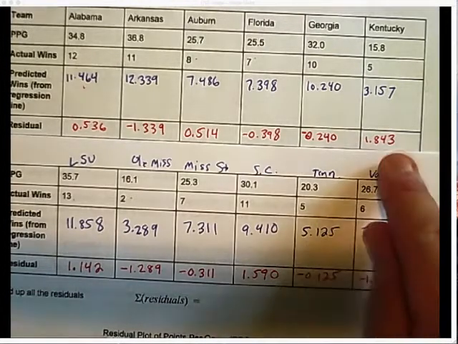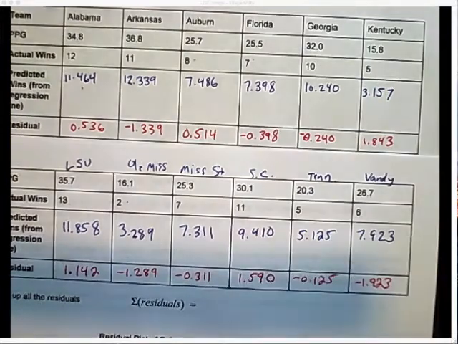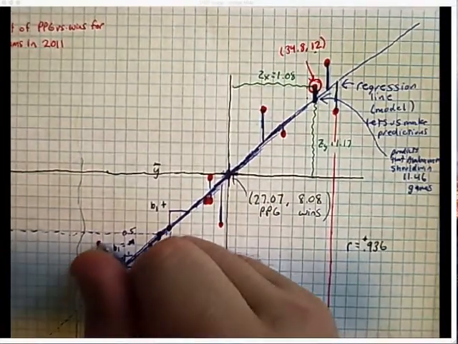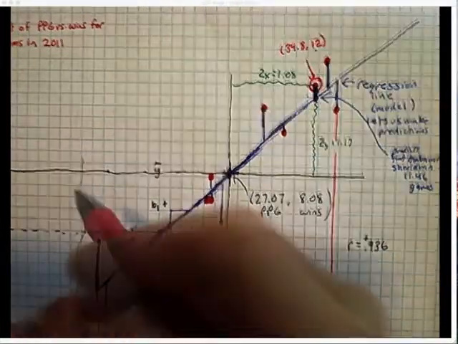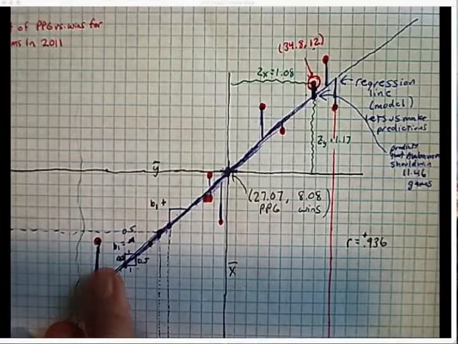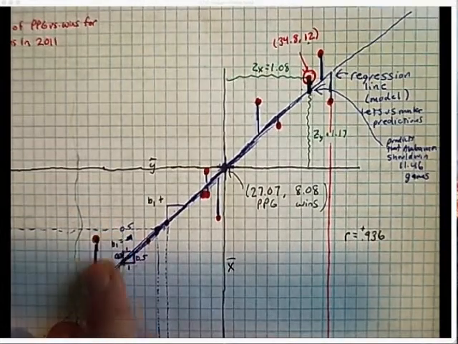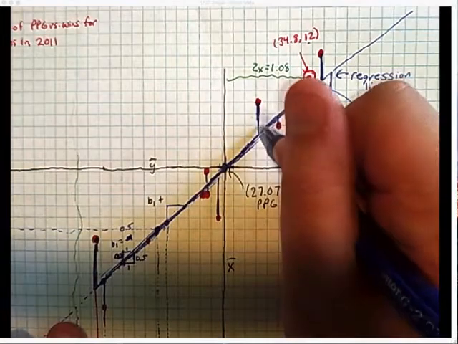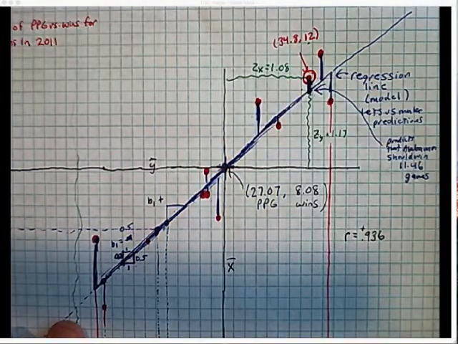Oh, sorry. Kentucky has 1.843. So looking back at this graph, here was the point for Kentucky right there. Do you see how big that line segment is? That distance is 1.843. South Carolina had about 1.5. Those were the biggest residuals.